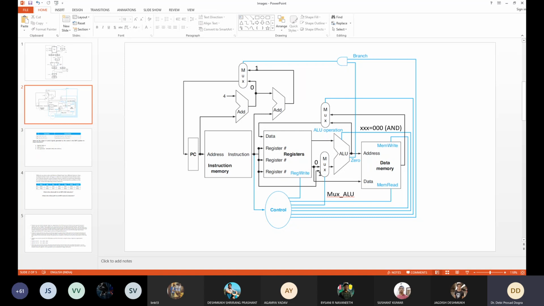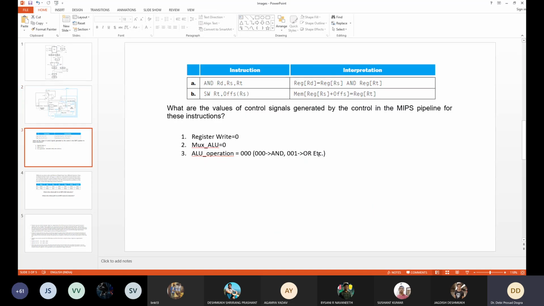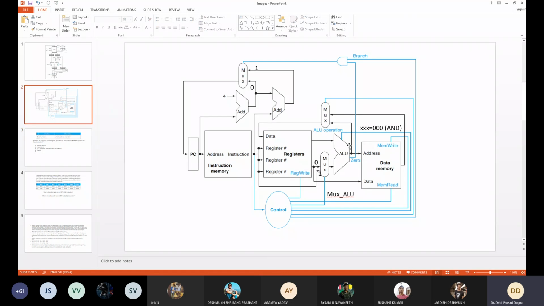Then the value goes here. Okay, and here is memory read, memory write, both should be 0 because you are not using any memory reading operation or memory writing operation, data memory.